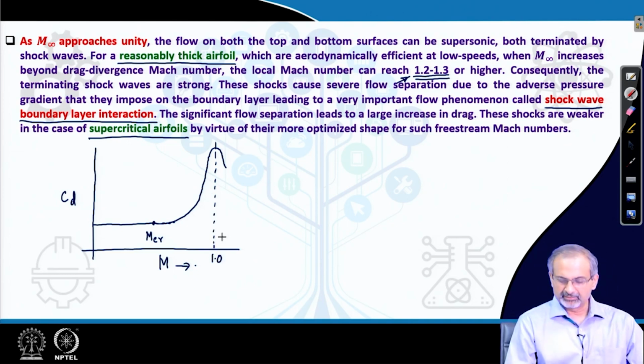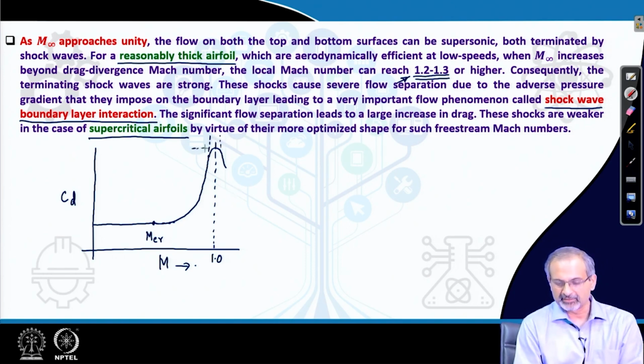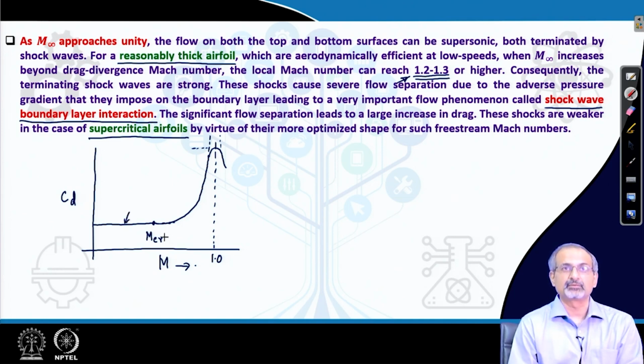So, theory says that there is a very large increase in the drag in that range, but in reality we have a finite drag, but that is significantly more than the drag at these Mach numbers.